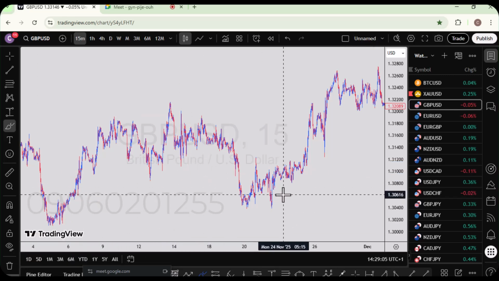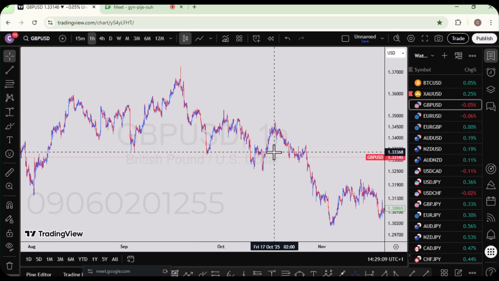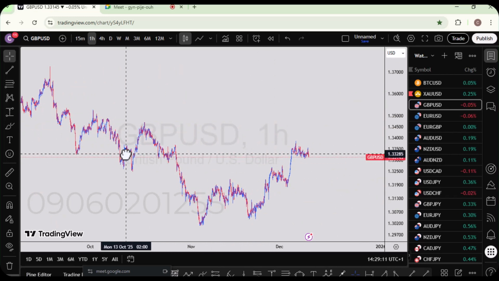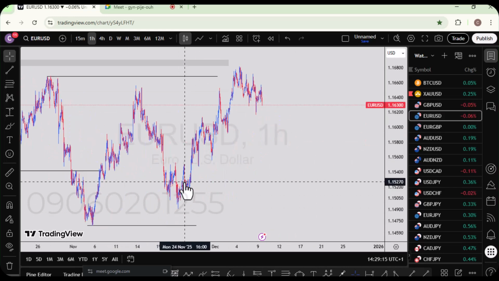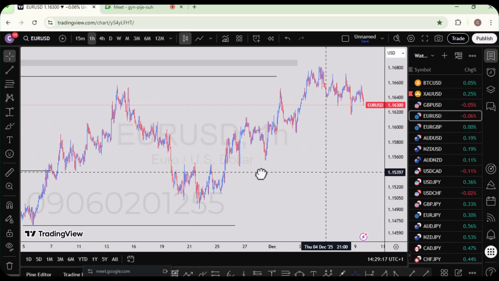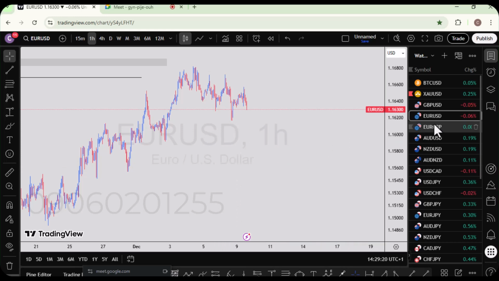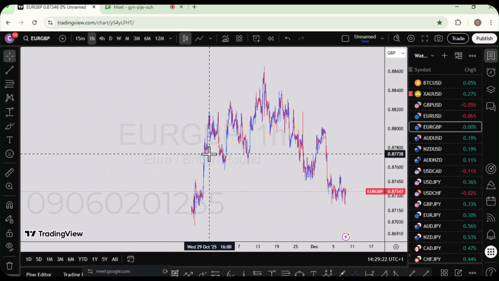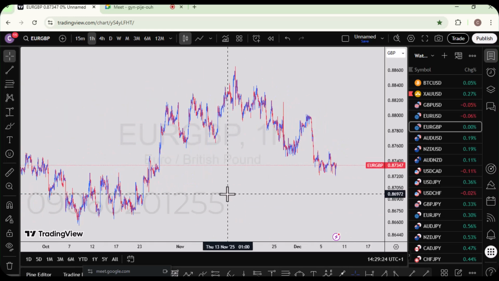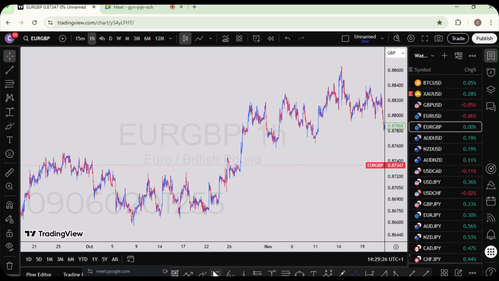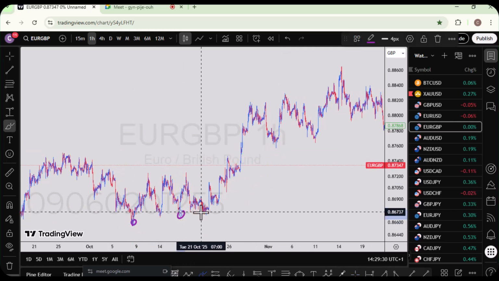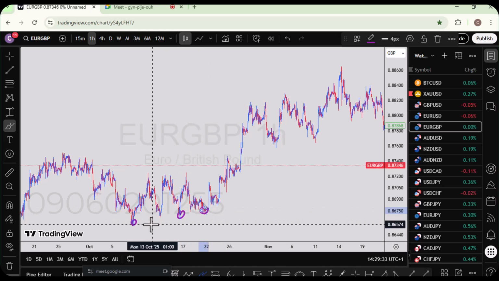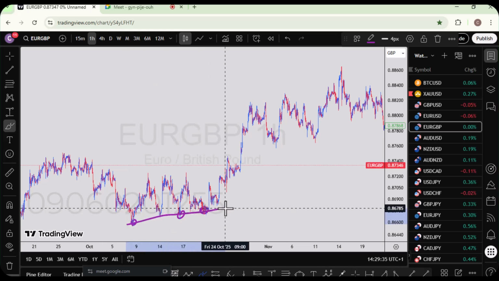So let's check another example. Let's go to the 1 hour chart. Let's go to another currency pair. Okay, let's check this one right here. Now, low, low, low. We connect all these lows together.